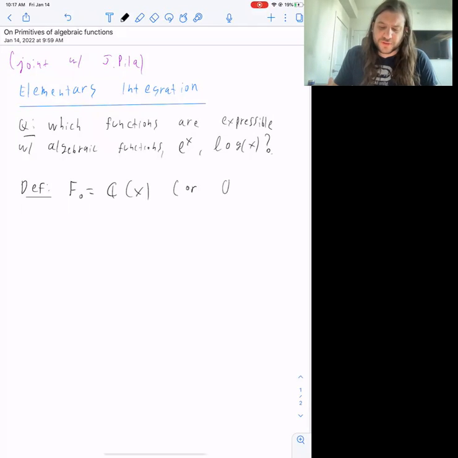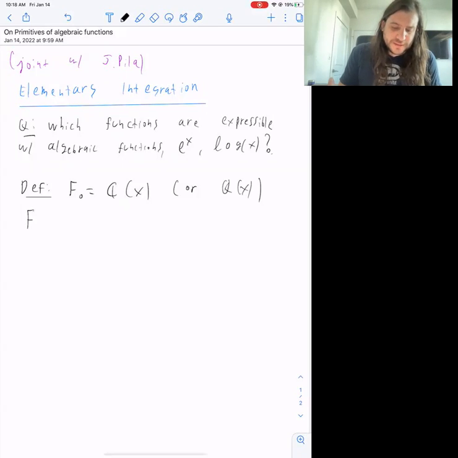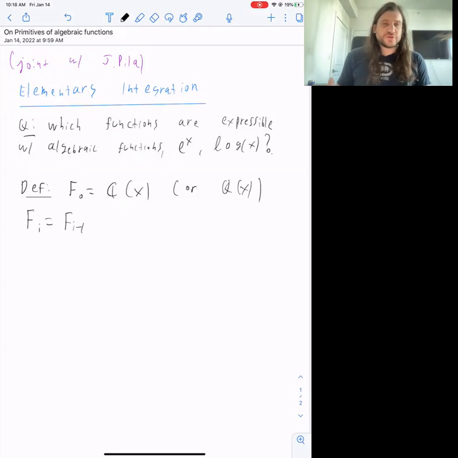And you can also work with Q adjoined X or other intermediate subfields, and that'll be important when we want to address questions of computability, because C is not the most computable field. And then what we're going to do is repeatedly adjoin elements. So Fi will be defined inductively in terms of the previous field Fi minus 1, adjoined some element theta I, where theta I is one of three things.